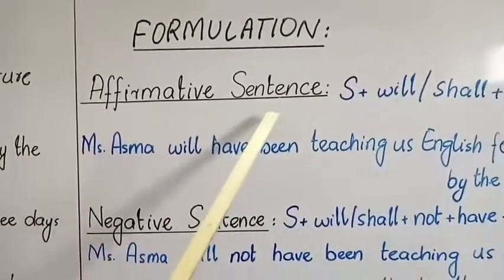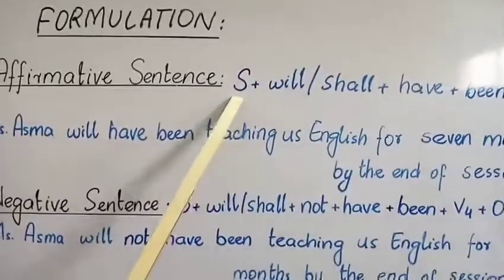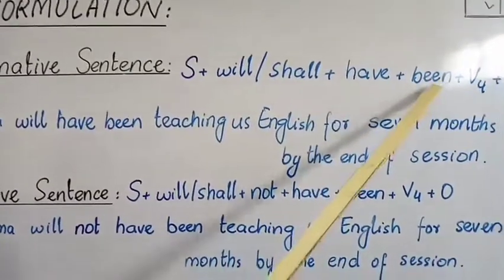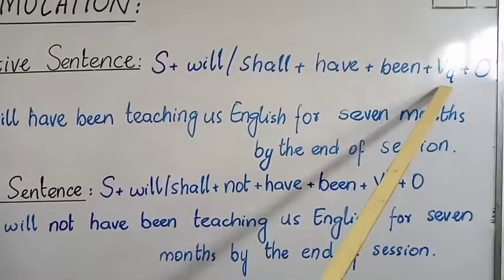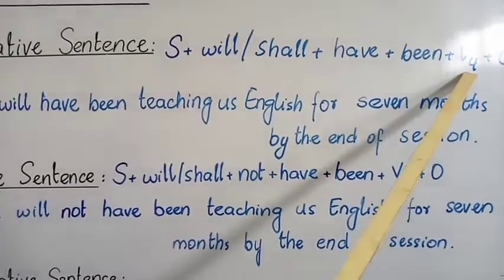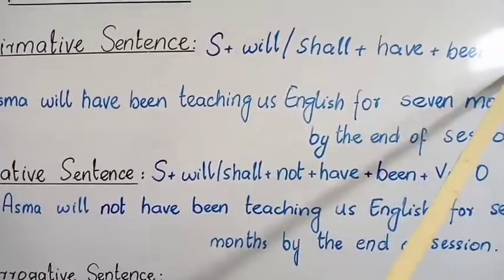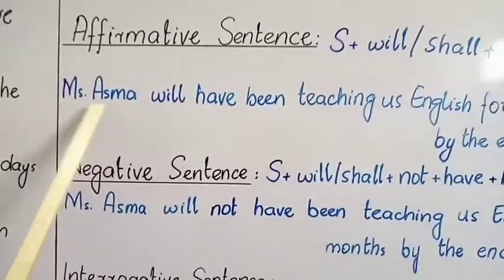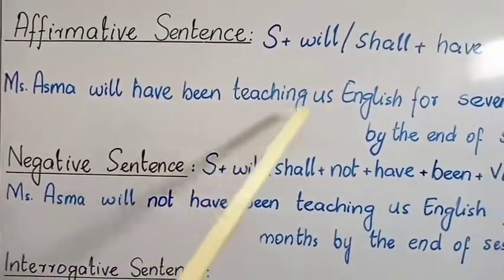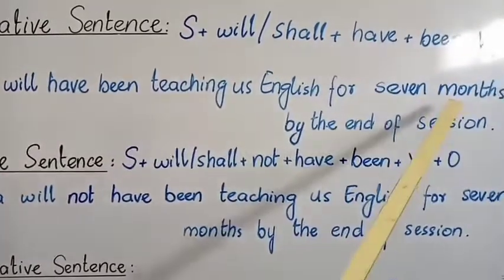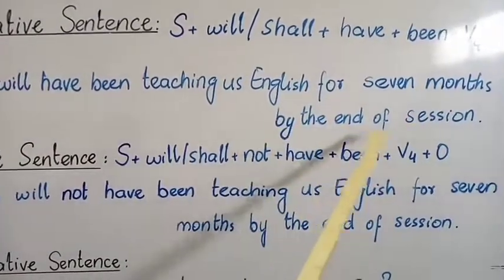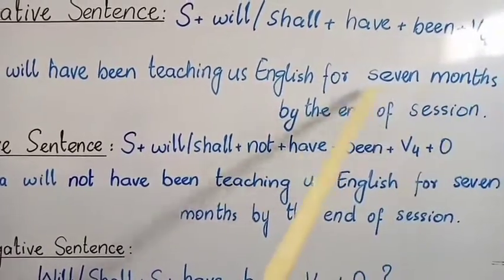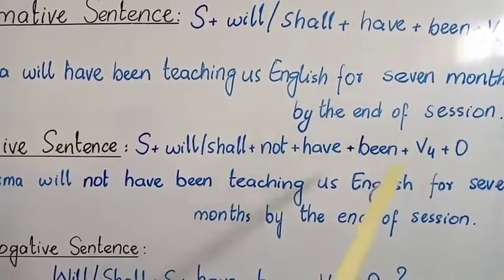For affirmative sentence, the formula is subject plus will or shall plus have plus been plus V4 or ing form of verb or present participle of verb plus object. Example is, Miss Asma will have been teaching us English for 7 months by the end of session. So for 7 months, this time duration is important in this tense.